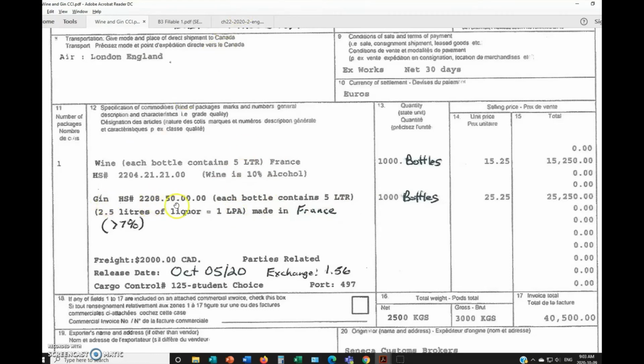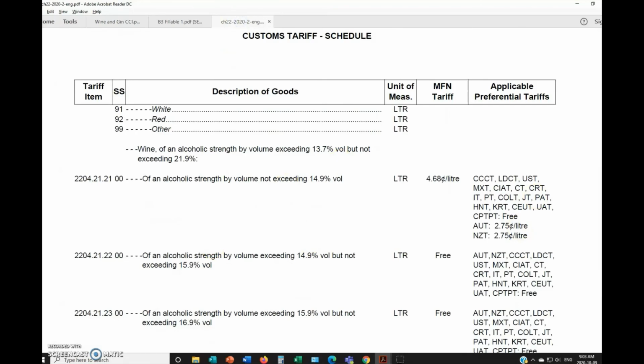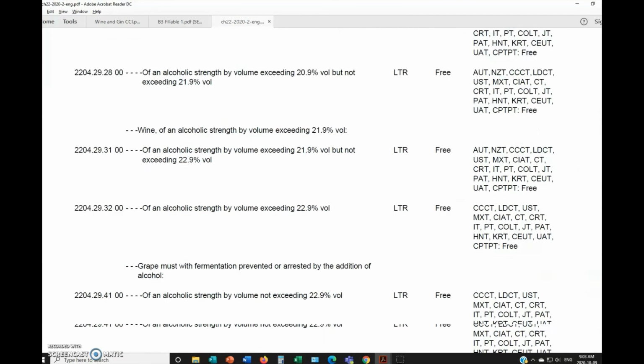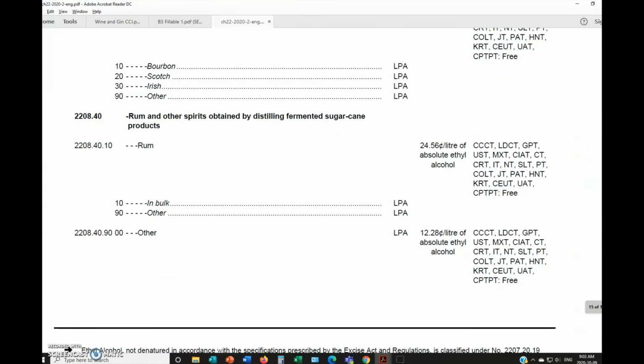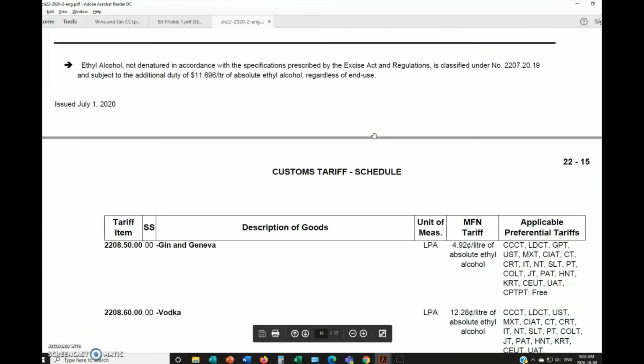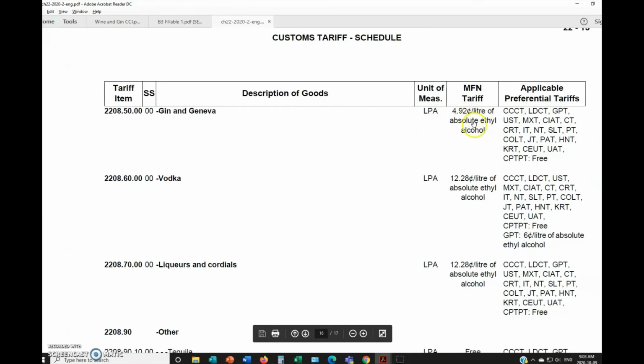The gin is a different HS number. It's 2208.50, so you got to make sure you go to 2208.50. Then they have the duty rate for the customs duty, and then you have to do the second line for the excise duty rate.